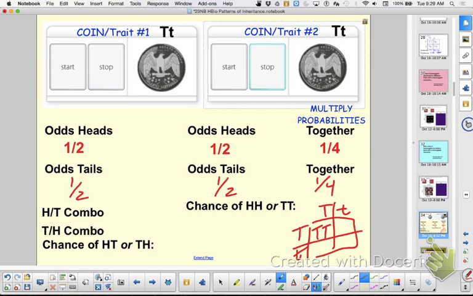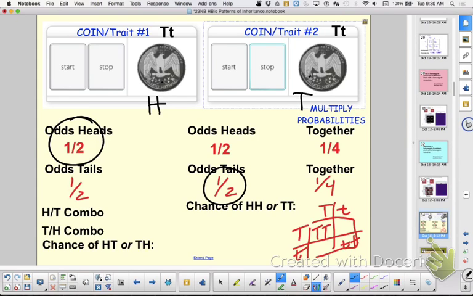We had 1/4 of a chance that they were tails, and 1/4 of a chance that they were heads, right? But now, what are the odds that we would have a heads and a tails? This one is heads, and this specific one tails. A quarter.